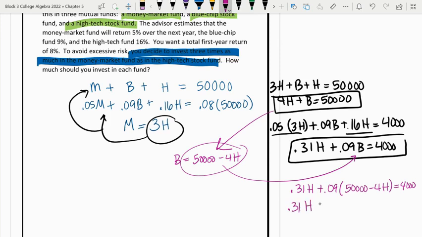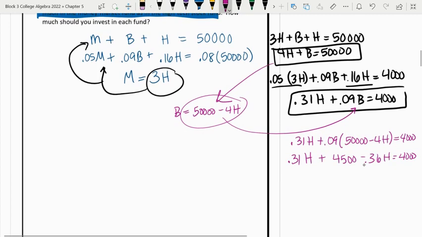So 0.31h plus 0.09 times 50,000, 4,500. And then we have 0.09 times negative 4, and you get negative 0.36h equals 4,000. So let's combine like terms. This on this side, so I'd be negative 0.05h. And we can minus 4,500 on both sides.